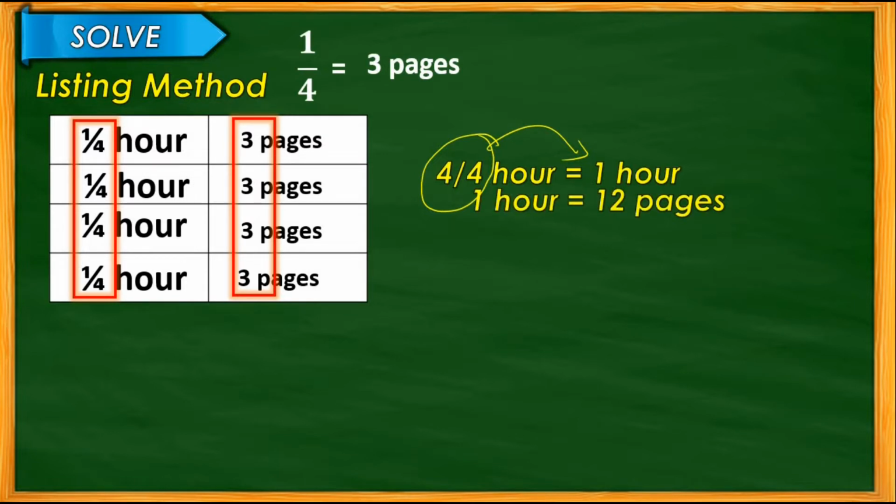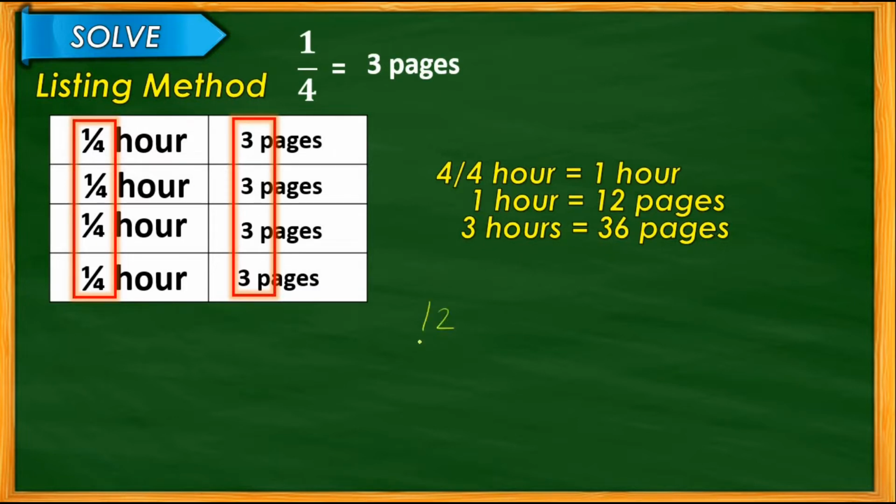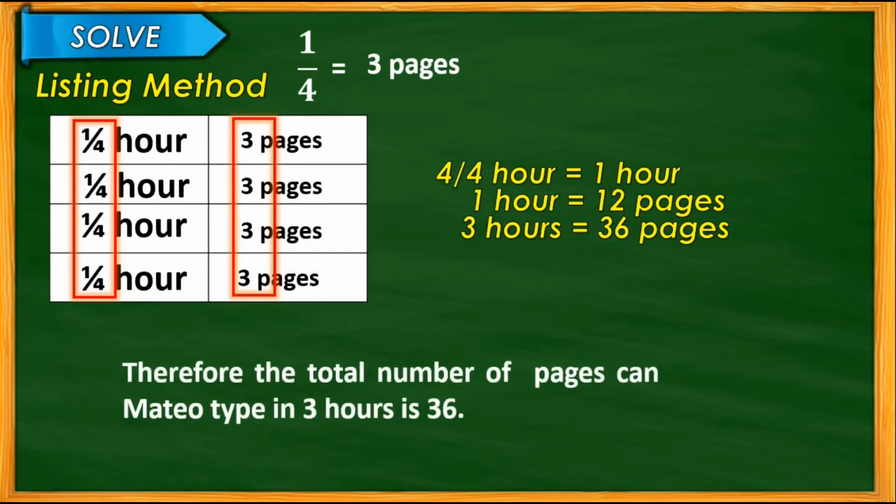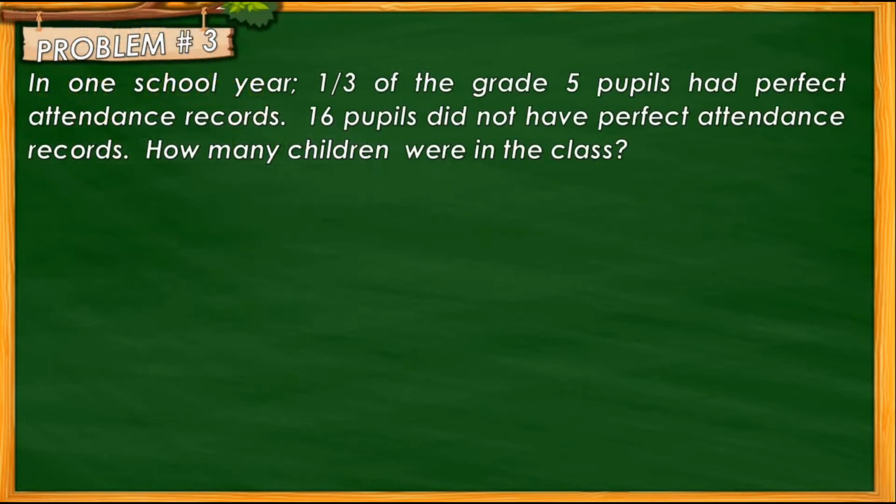So 1 hour is equivalent to 12 pages. And 3 hours is equivalent to 36 pages, because 12 multiplied by 3 is 36. Therefore, the total number of pages Mateo can type in 3 hours is 36.